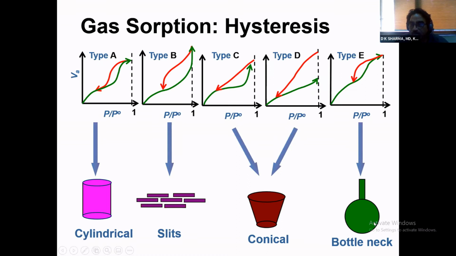This cannot come out here because of the restriction. So as soon as you reduce the pressure here, all of a sudden the entire gas blows out. And that is the reason why it almost falls vertically to the x-axis. Because through the neck, this empties much later, and when it starts emptying, the entire volume has to come out. And that's why this is almost a vertical fall.